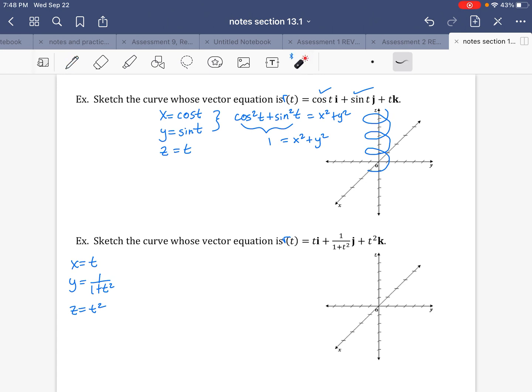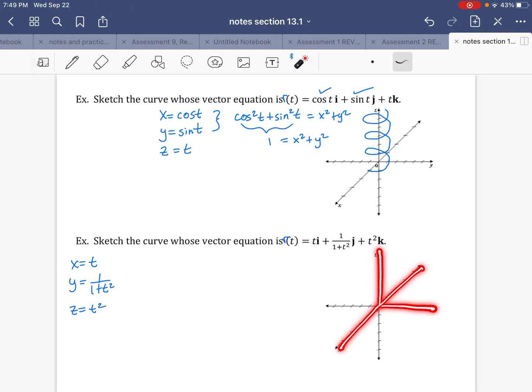All right. So if t is negative, my x value is going to be negative. If t is negative, the y value will still be positive and the z value will still be positive. So what that's telling me on my graph is that x is going to be positive or negative, but the y value will only be positive and the z value will only be positive.